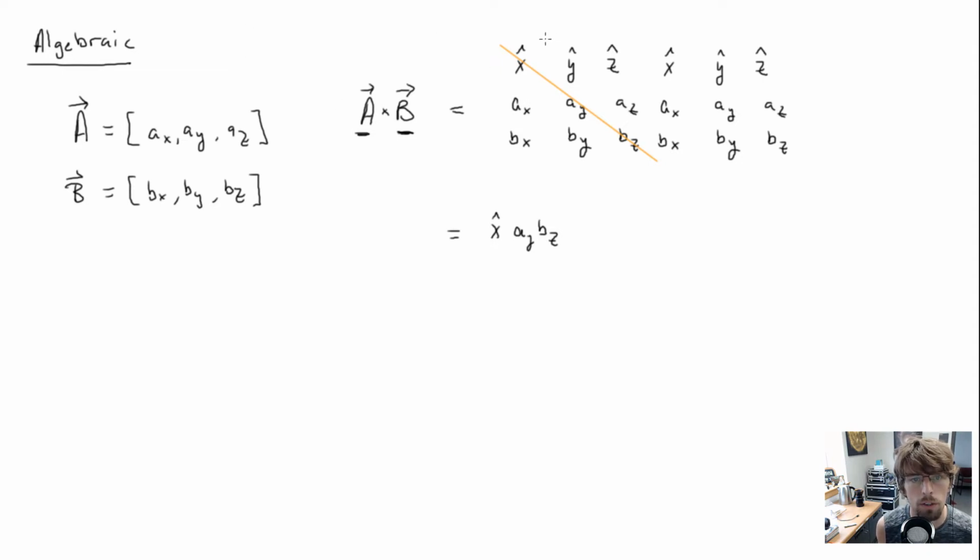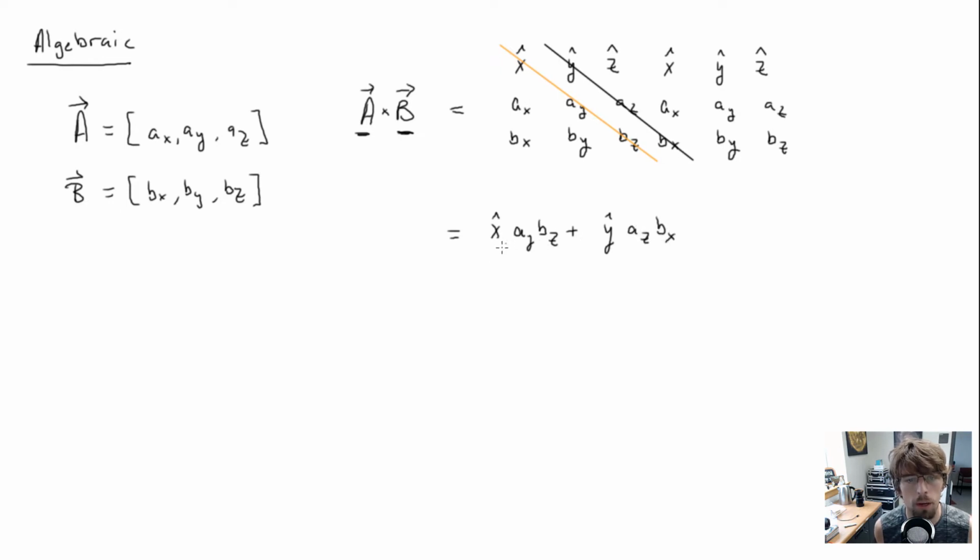Now we rinse, wash, and repeat. Let's do it again, except now we're going to do Y, Z, X. You say, well, that's not alphabetical order. Of course it is. Just think of it being in a circle: X, Y, Z, X, Y, Z, X. So it's still in alphabetical order. This is our second term, and we'll write in plus Y hat, AZ, BX.